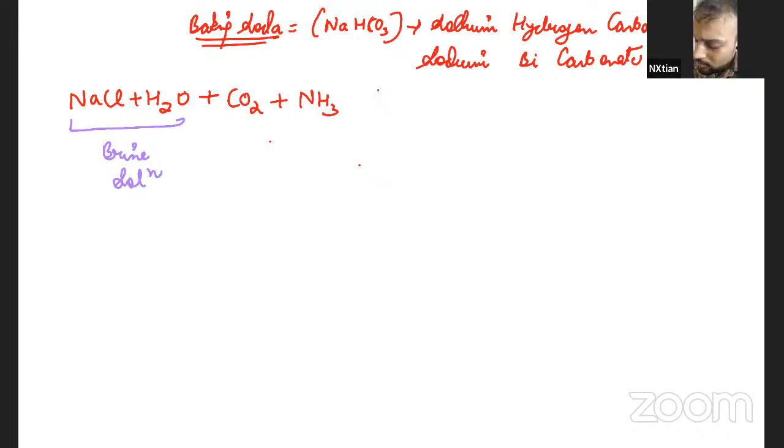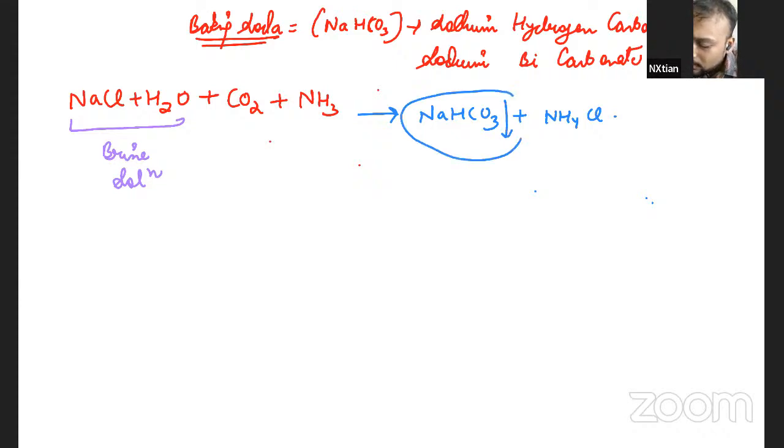When they go through this process, they create sodium hydrogen carbonate and ammonium chloride is formed. This is called precipitation, and this is called baking soda.